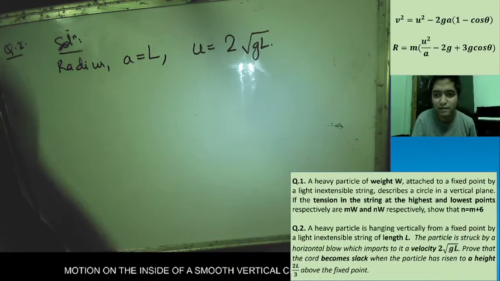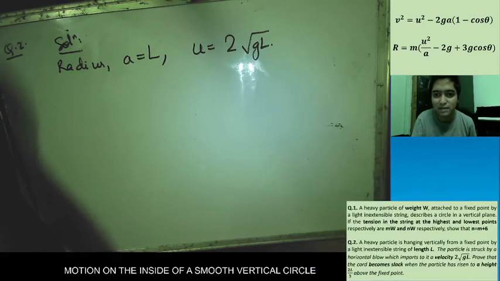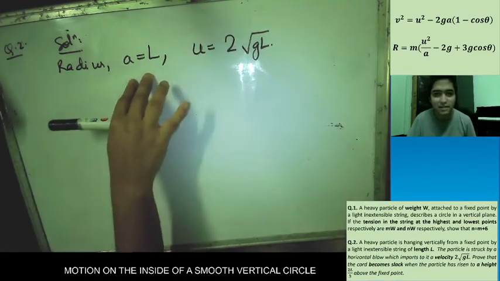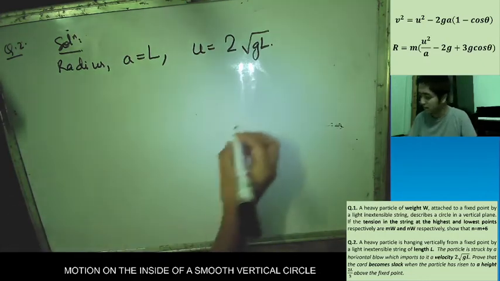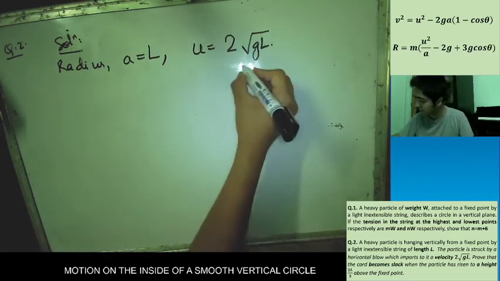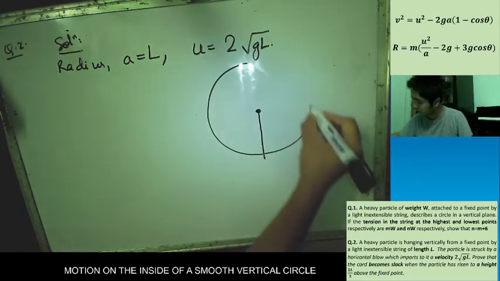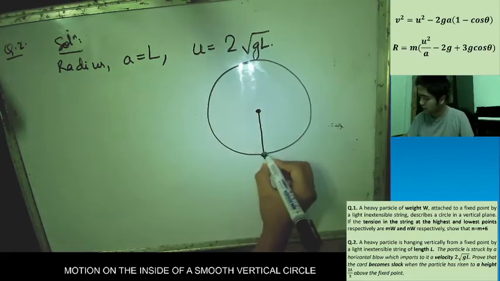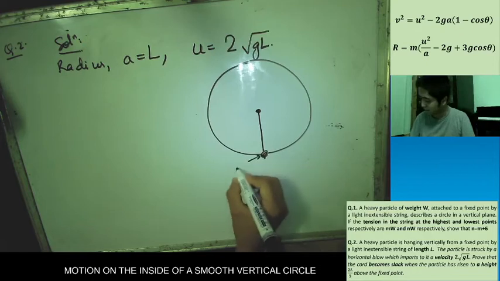Let me explain what is happening here. We have the radius and we have the initial velocity. So you are tying a string to a fixed point. Now this is the stone that you are tying.